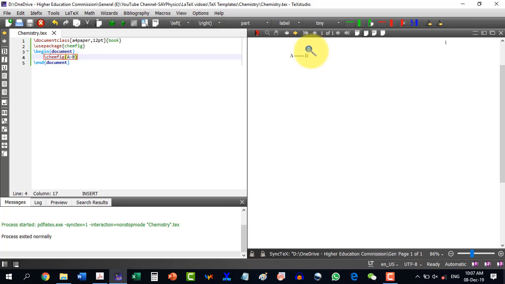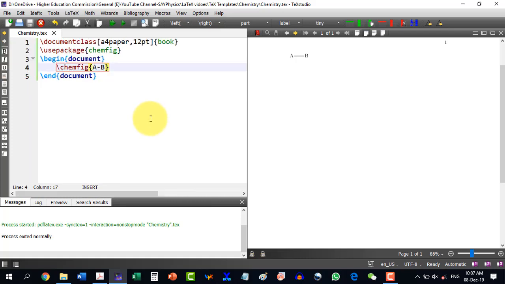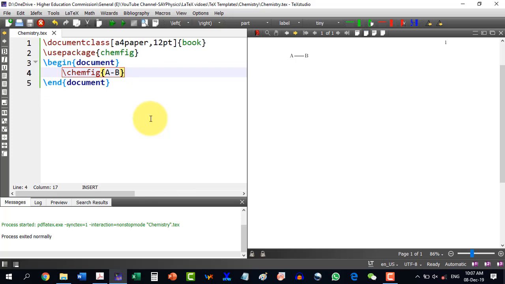It has written AB. Let me maximize this in order to be clearly visible.